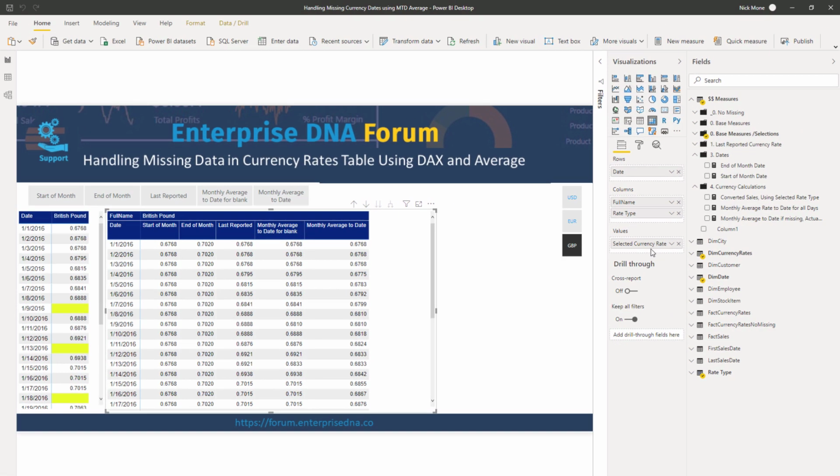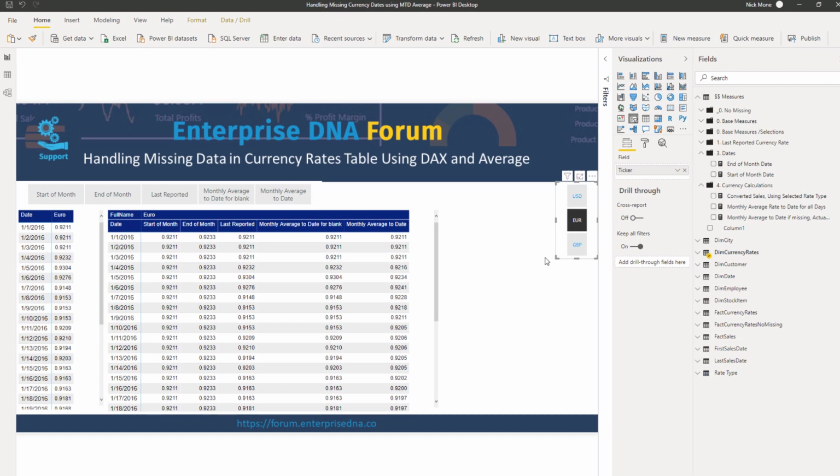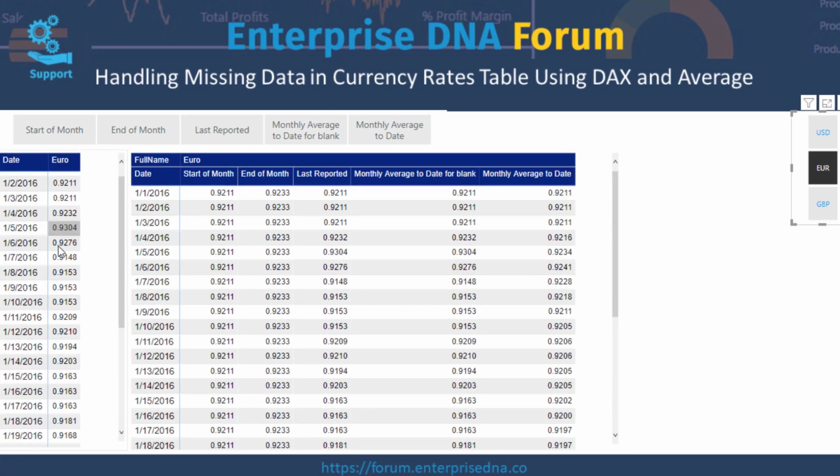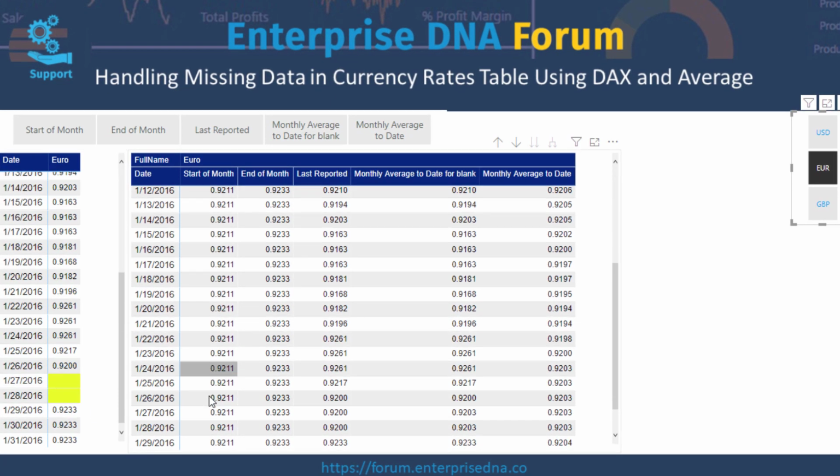But here, I don't have 5 measures. I have 1 measure. I got selected currency rate here, and it produces 5 measures, and it's flexible. So here's euro, my euro table turns here, so 27th, 28th, we have data.